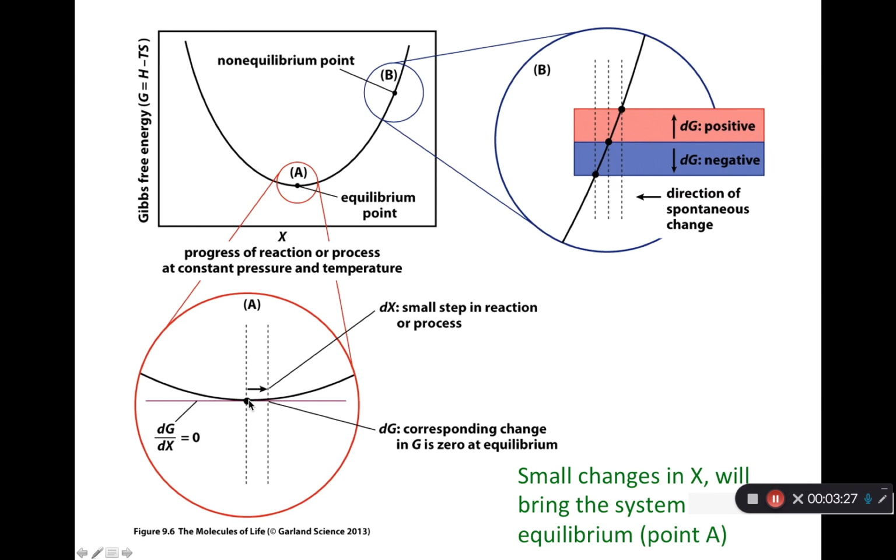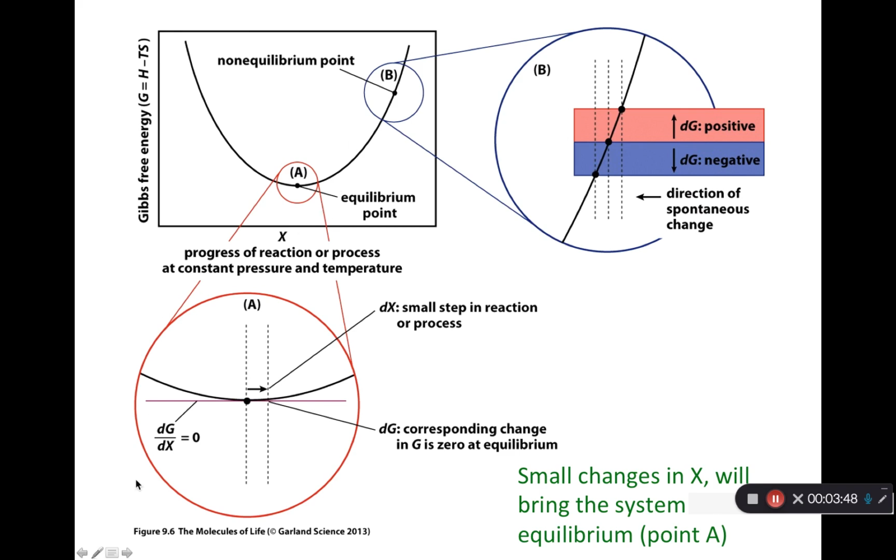You can interpret this graph as if putting a ball at point B and it will eventually arrive at point A. Of course, this graph shows Gibbs free energy as a smooth, almost parabolic curve versus x. Usually, this is not the case, but for illustrative purposes, this is enough.